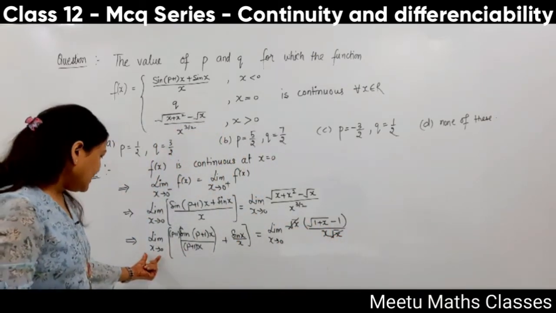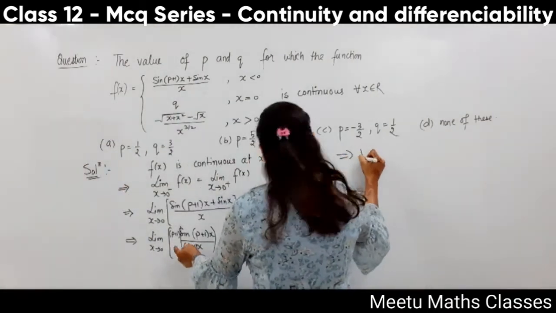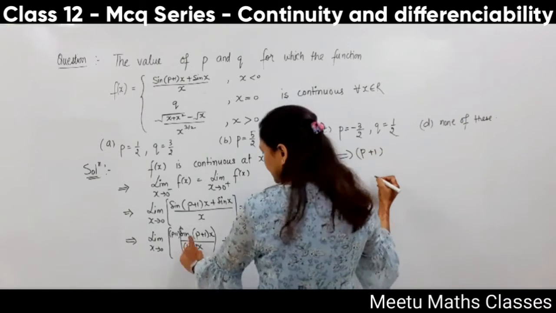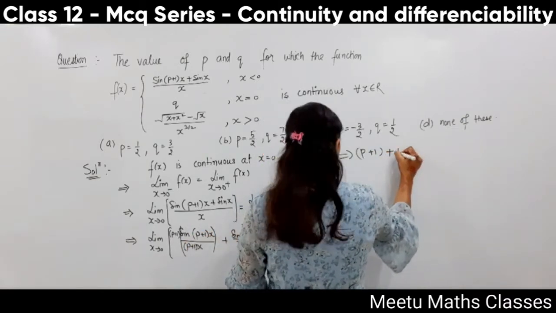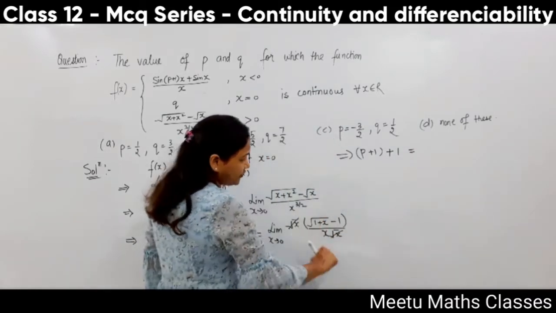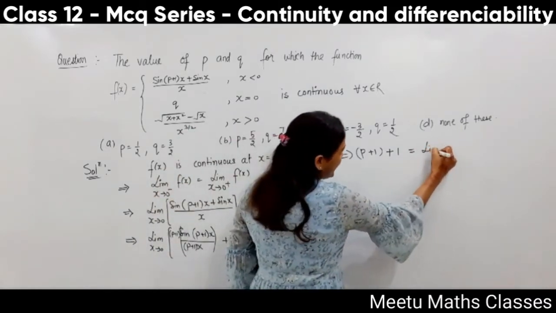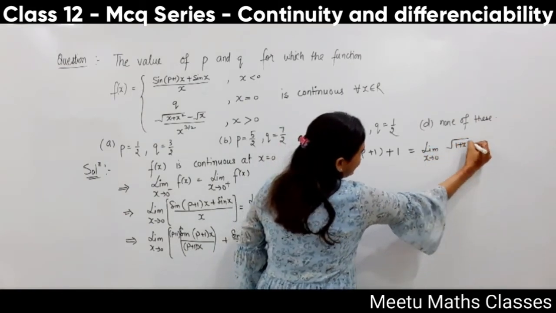Now by substituting the limit here, you will get p plus 1, this limit will become 1, plus this limit will give you 1, is equal to, now what will you do in this limit? You can also change this into a standard limit. How?